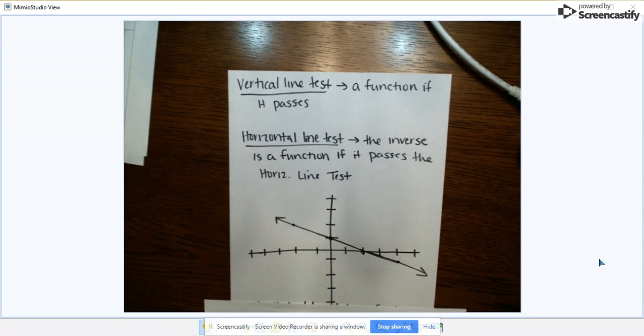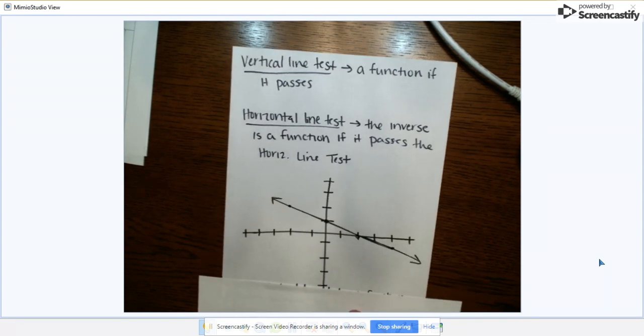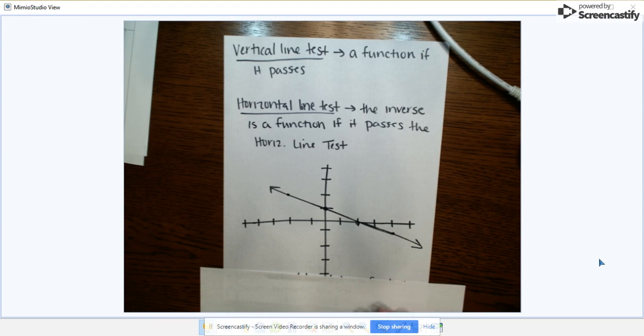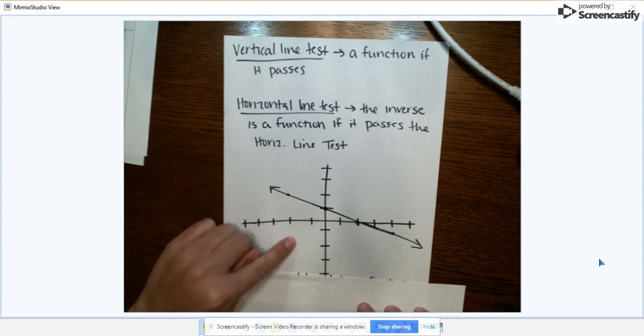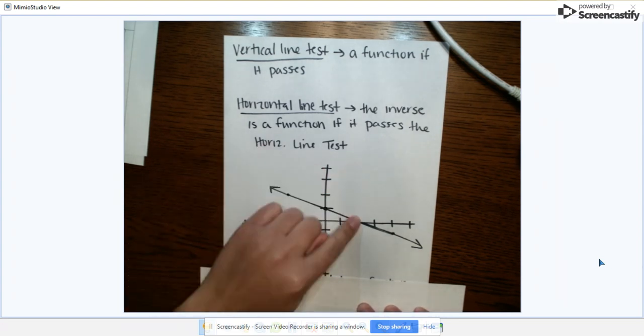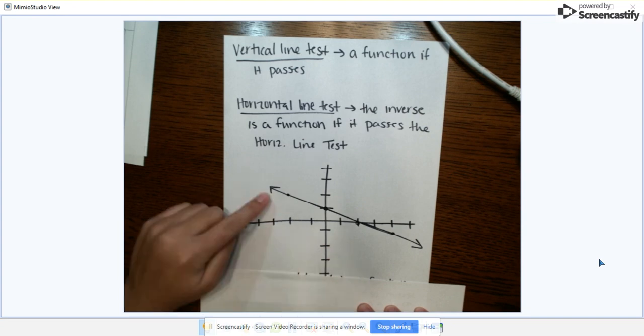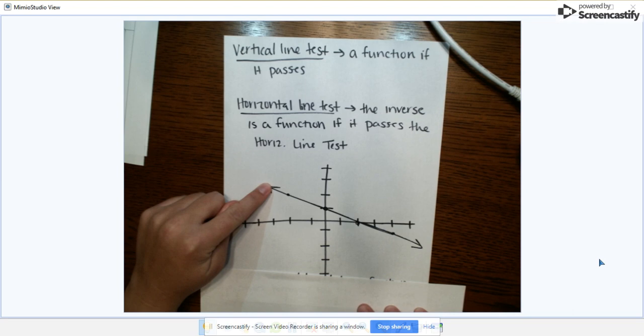So for a quick example here, if this is my original relation, I can use the vertical line test to test whether it's a function. And if I were to draw vertical lines in, yes, this line is a function. But now I want to see if I reflected it over the line y equals x and found the inverse, would the inverse be a function?